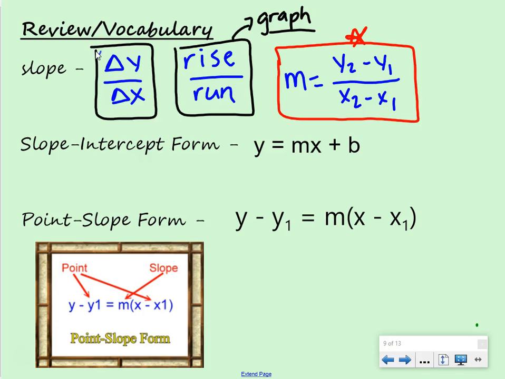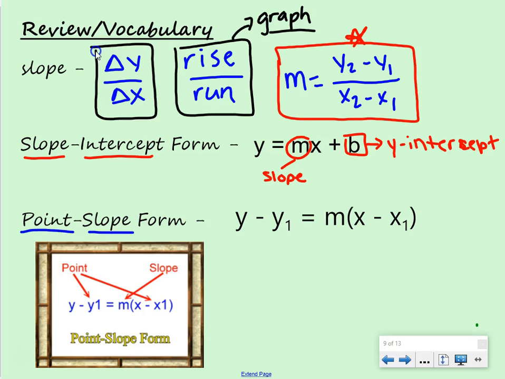Slope-intercept form. Y equals mx plus b, where m is your slope and b is your y-intercept. It's right there in the name, slope-intercept form. So with our next form, point slope form, we're going to have a point and a slope.